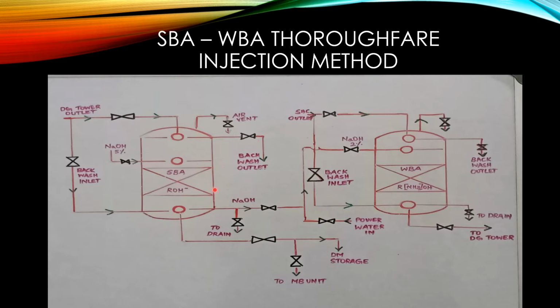Normally, if the SBA bed is exhausted, that is, if 0.2 ppm silica is attained or it is more than 0.2 ppm, or if the yield crosses for SBA, both are taken for regeneration. Normally, WBA will not get exhausted just before SBA, or both will be taken simultaneously, so the yield will cross simultaneously.